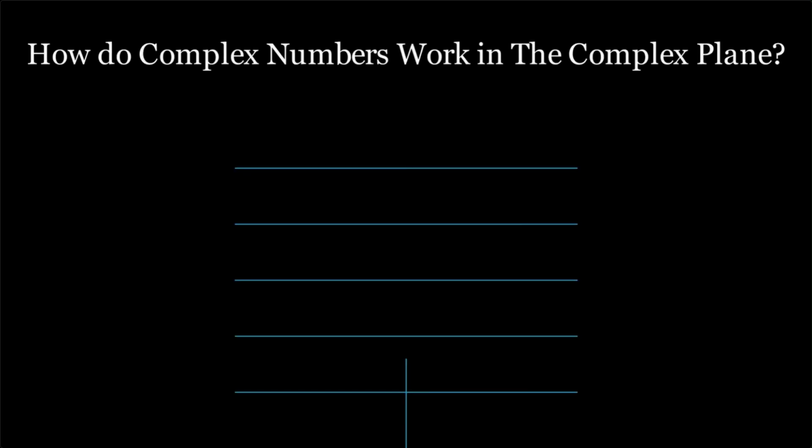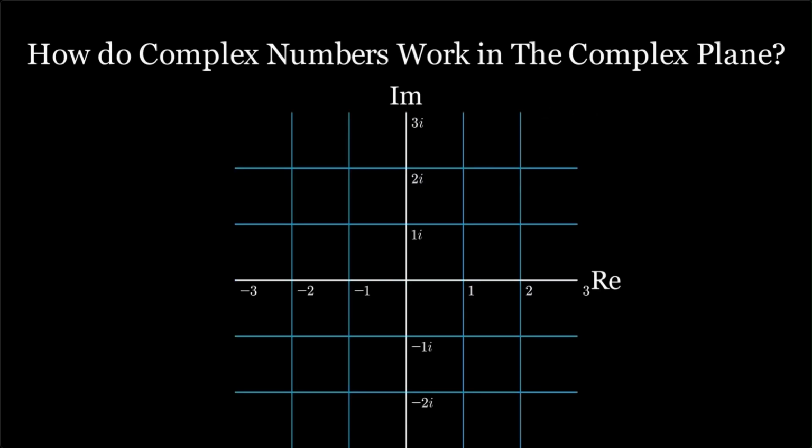But before we get into all this, we're going to have to go over some terms we need in the complex plane, and we need to understand how stuff works in the complex plane. So first, we need to learn how complex numbers work in the complex plane.